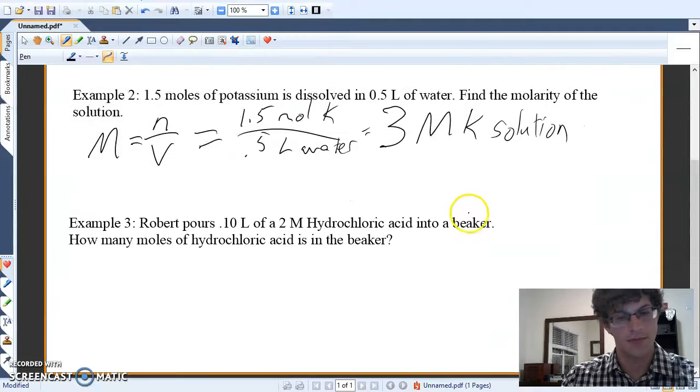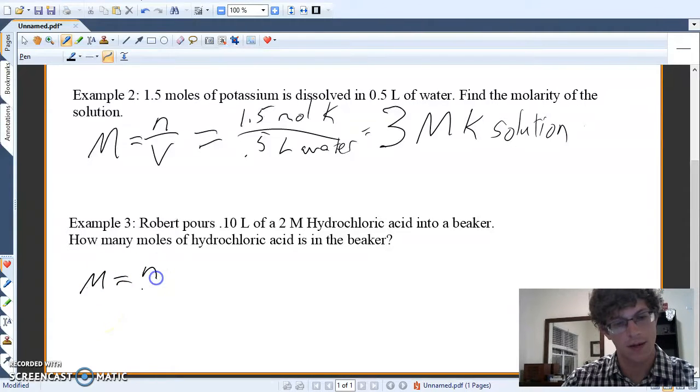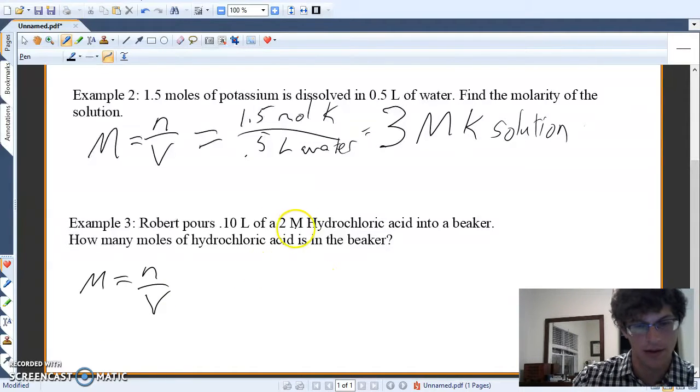Now the third example is a bit different. Instead, we're given 2 different quantities. We're not just given the moles and the volume. We are given 0.1 liters of 2 molar hydrochloric acid solution. So again, we'll write this out. We need to identify which 2 parts we have and put them in the correct spot. So we know we have 2 molar.